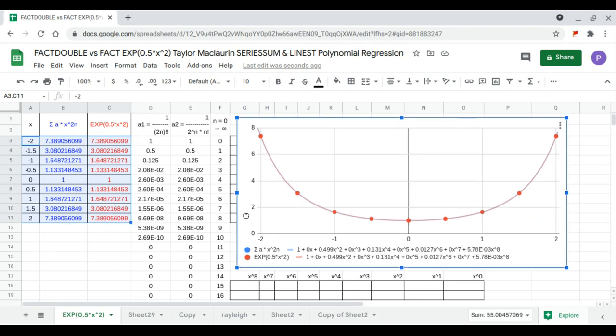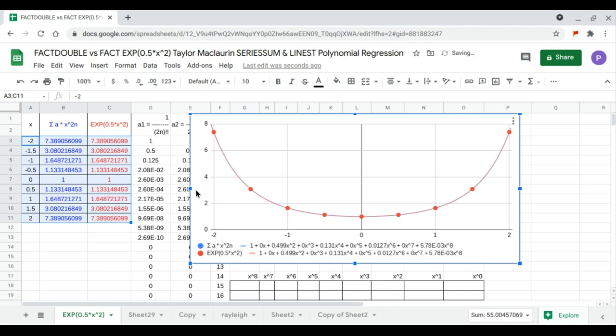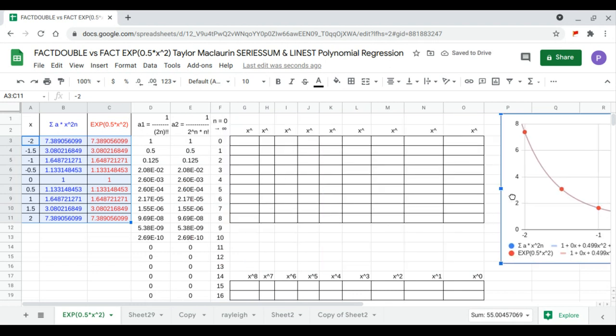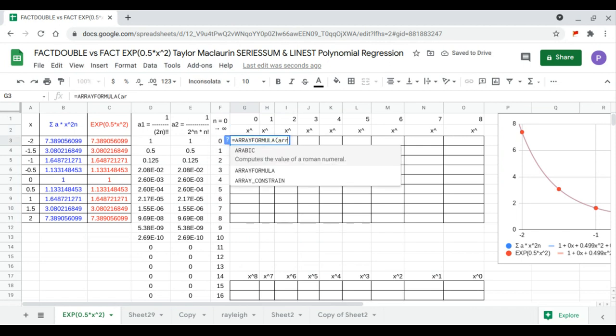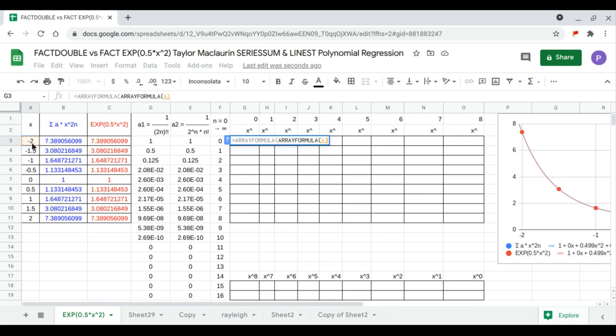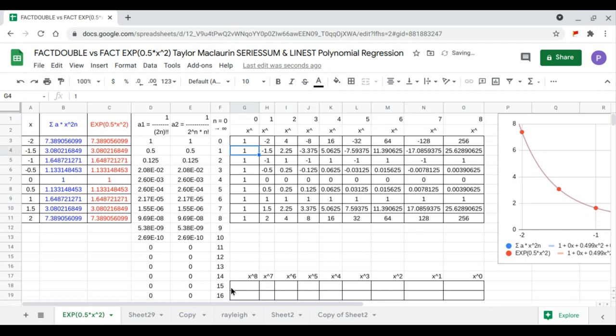Now we'll calculate this polynomial regression coefficient using Linest to complete the Linest matrix. So begin with the power, transpose 0 to 8. And the elements array formula of the x values raised to the power 0 to 8. Now we can calculate the polynomial regression coefficient.